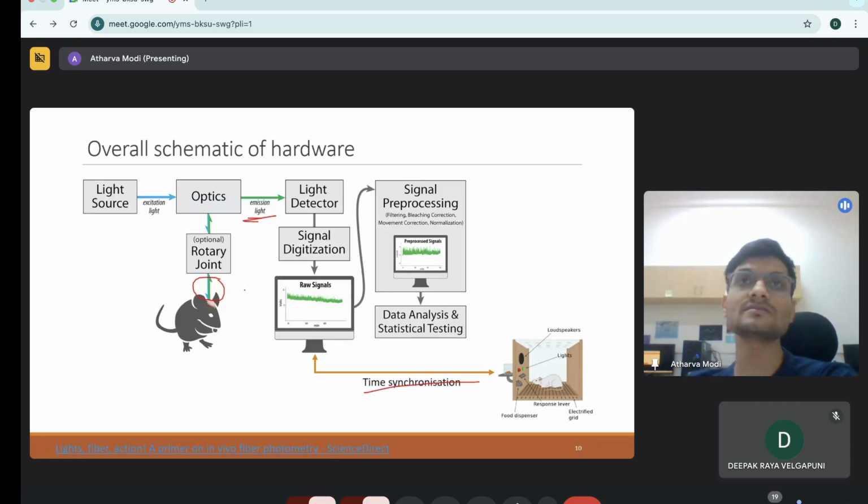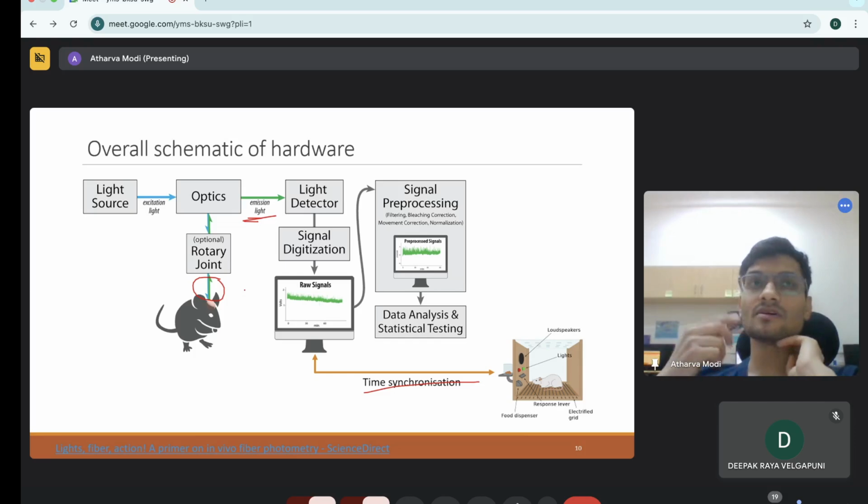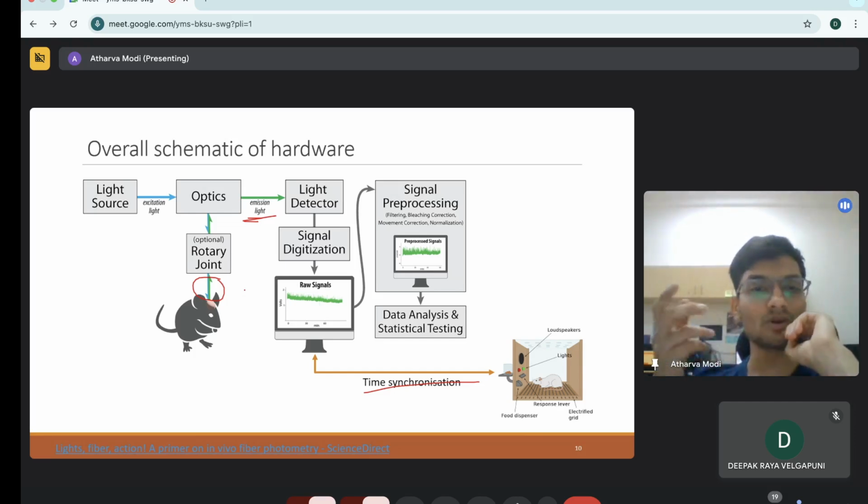What you just need is a genetically encoded sensor which expresses in the cells, and you keep the cell live. And if you, let's say, electrically stimulate the upstream or downstream of it, then you see what kind of changes in calcium levels or neurotransmitter level happen in that particular cell. So you can do it in any model system basically.